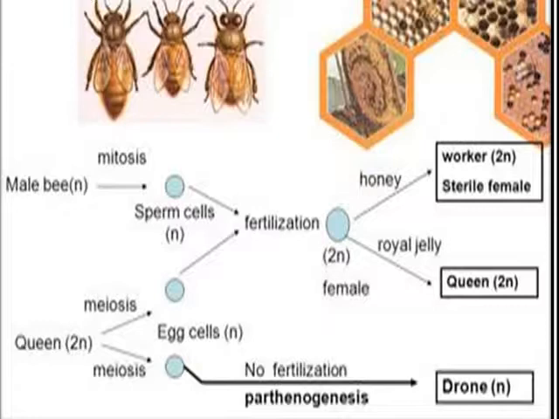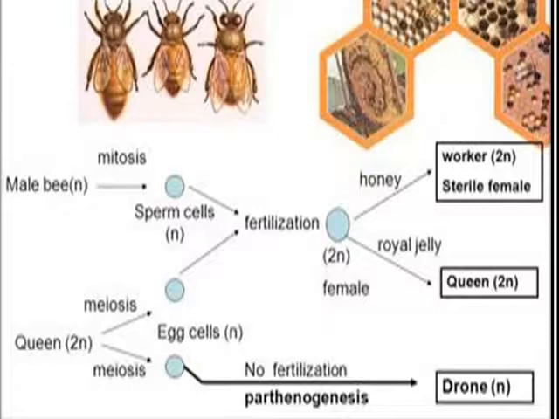Once the egg and the sperm having n chromosomes fertilize, they will form a 2n zygote. Now this zygote can develop into 2 categories. One is workers, which will form honey, and the second one is the queen, which will form the royal jelly.